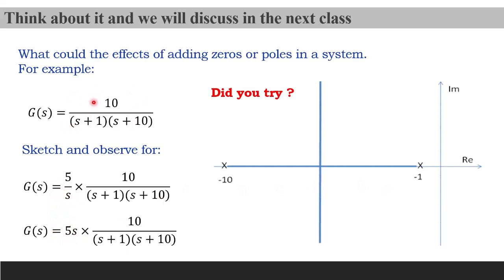We had a control system, or you can say a plant function, in which there were two poles at -1 and -10, and we plotted the root locus in the last class. Now I gave you a thinking assignment: if I add an additional pole to the system, or an additional zero, what impact would it bring?